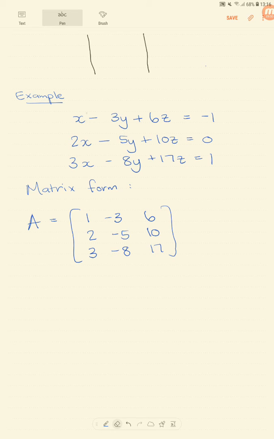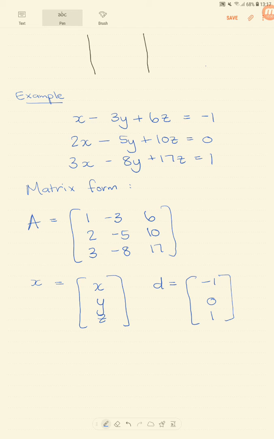As you can see, all the y's are negative, so you can have the negative here or a negative y in your variable matrix. There are two ways, I'll show you both. Our variable matrix X is equal to x, y, our second unknown, and z, our third unknown. And finally, our matrix of constants would be all the constants on the right-hand side, so minus 1, 0, and 1.